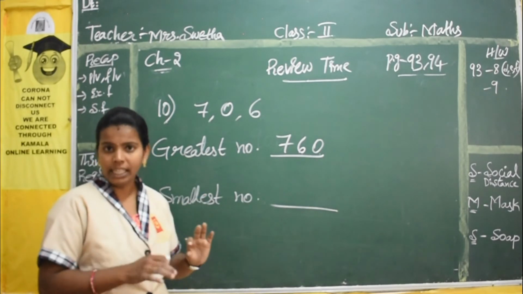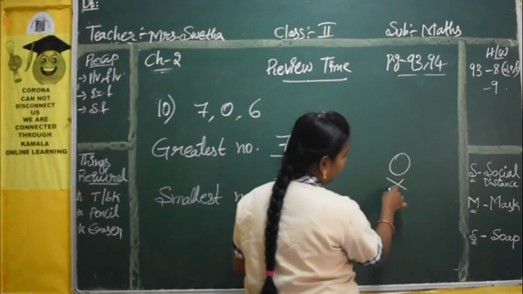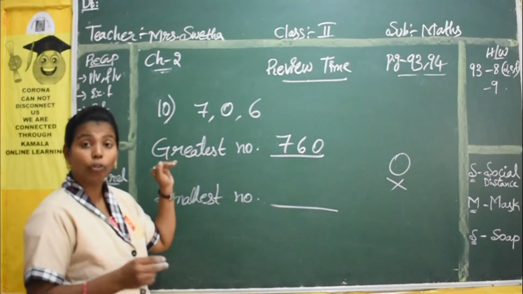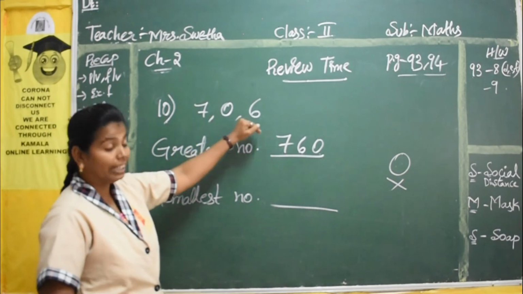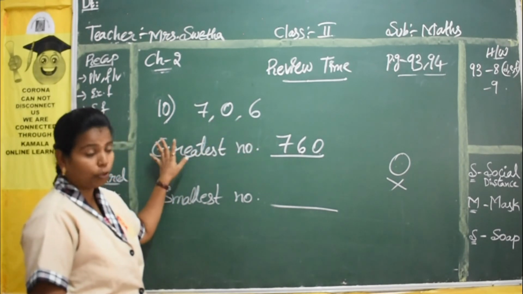Because 0 does not have any value, if you take 0 in the first place, it will not become a 3 digit number. Here you have to make a 3 digit number. So from 7, 0 and 6 we pick the smallest one. 7 is the greatest, so we leave that one.